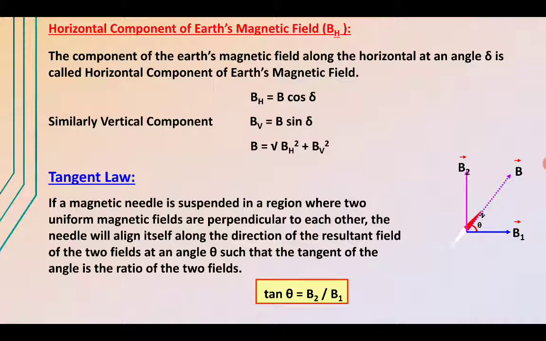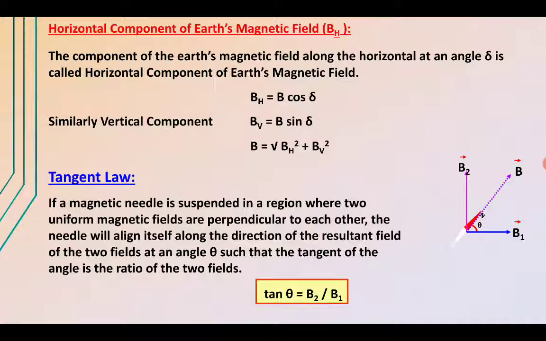Now after defining these important terms, we have another term known as the neutral point. As the name suggests, neutral, that is void, it is the point where the magnetic field due to a magnet is equal and opposite to the horizontal component of Earth's magnetic field, and the resultant magnetic field at the neutral point is zero.